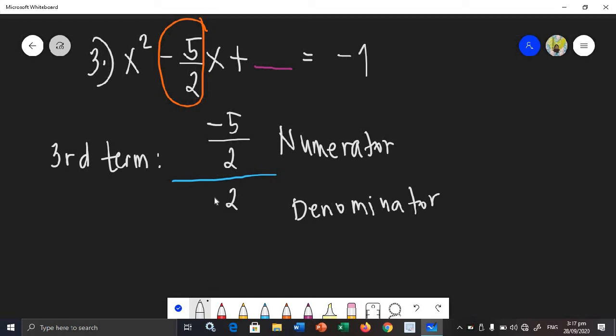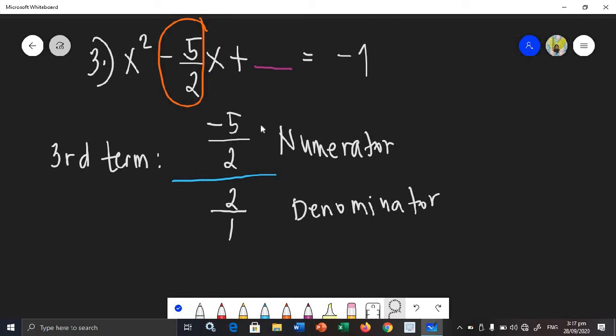Gagawin nating fraction si denominator, si 2. Paano po natin gagawing fraction si 2? Ganito lang. Always niyong tandaan na yung denominator ng whole numbers, lagi siyang 1. So, ayan, invisible 1 na naman. Kapag walang exponent, 1; kapag walang coefficient, 1; kapag walang denominator, 1. So, para magawa ko si 2 na fraction din, magdadagdag ako ng over 1.